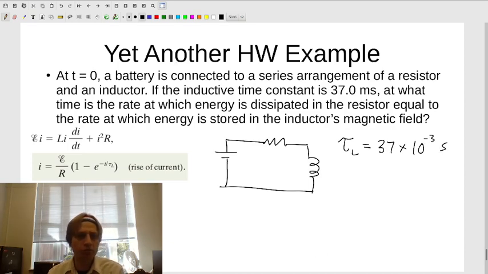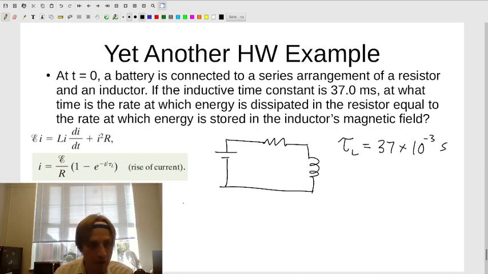At what time is the rate at which energy is dissipated in the resistor equal to the rate at which energy is stored in the inductor's magnetic field? Okay, so remember, this equation tells us that the voltage times the current coming out of the battery is equal to the amount of energy that's being put into our inductor plus the amount of energy that's being dissipated by our resistor.